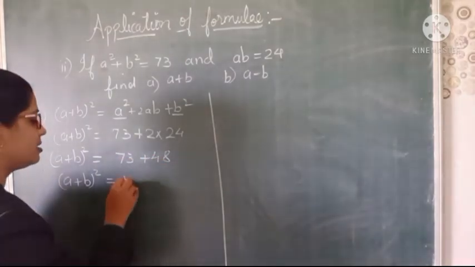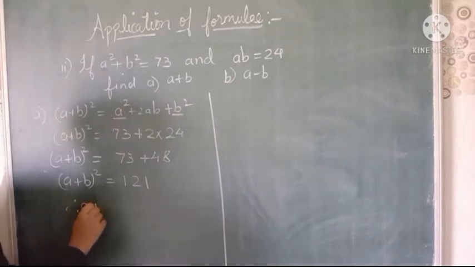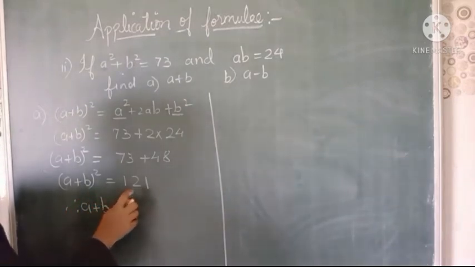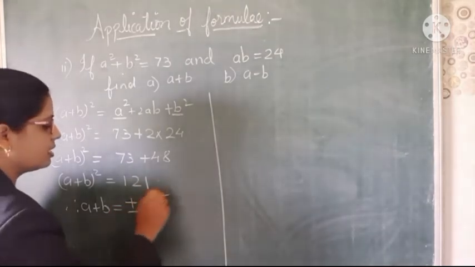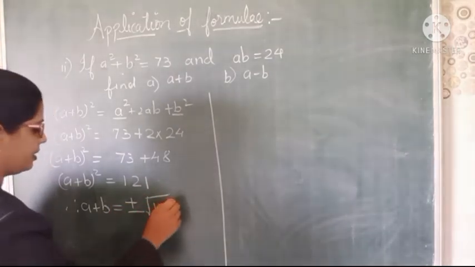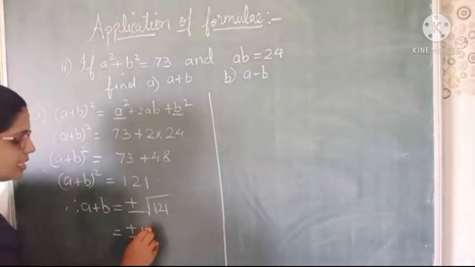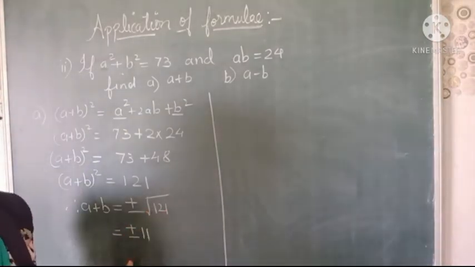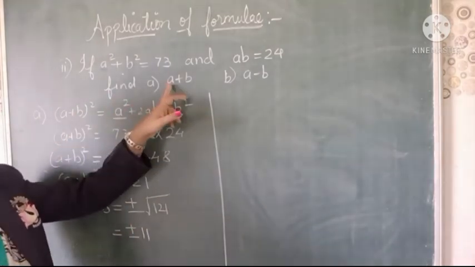If you do, the answer you will get is 121. Therefore, a plus b equals plus minus square root of 121, so it will be plus minus 11. 121 square root is 11. So in this way we find out the value of a plus b.